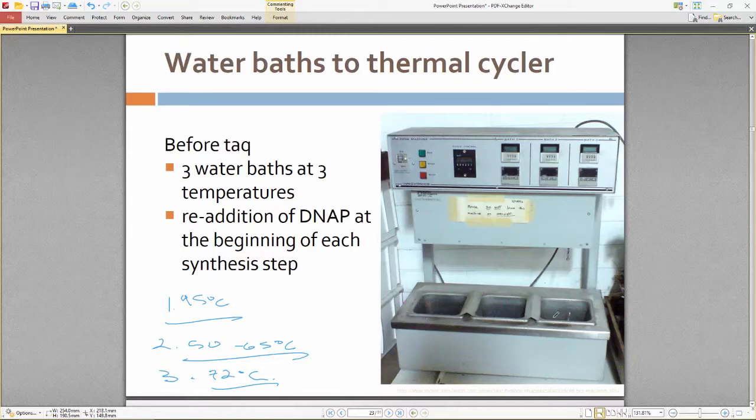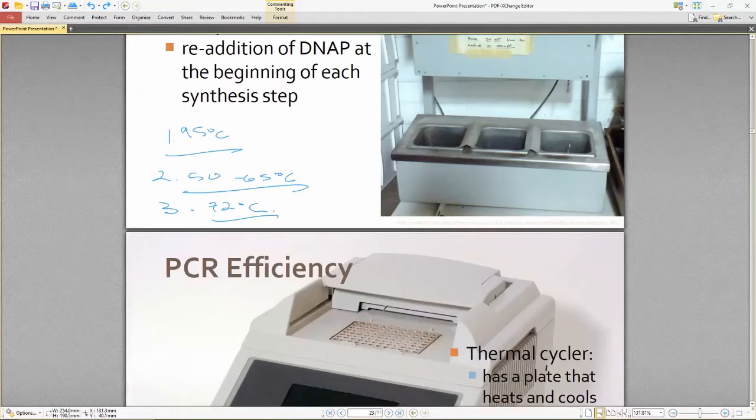But we can't just isolate the molecules of DNA in this water bath, so we just move all the water back here. But then after 95 degrees Celsius again, all the DNAP that we used in the first cycle is not going to work after our second 95 degrees Celsius step. So it's a pain, right?